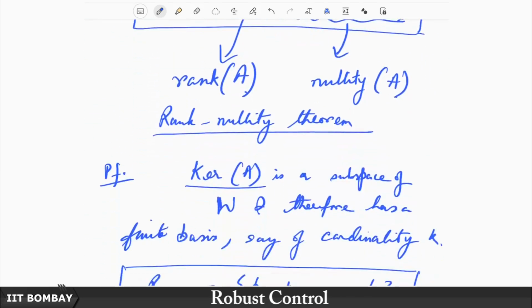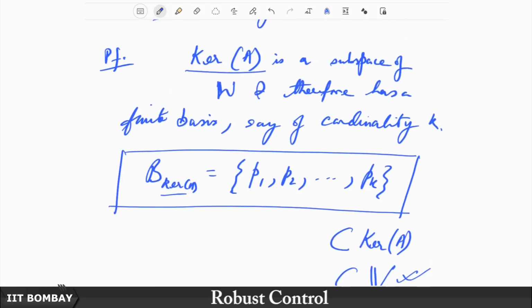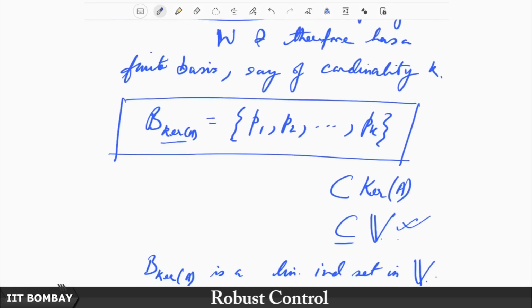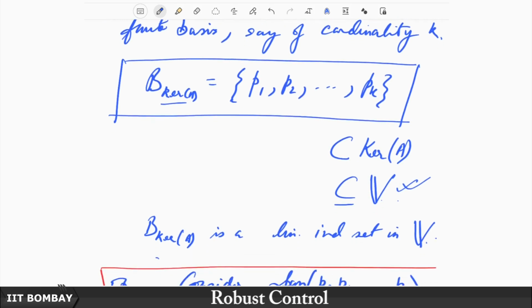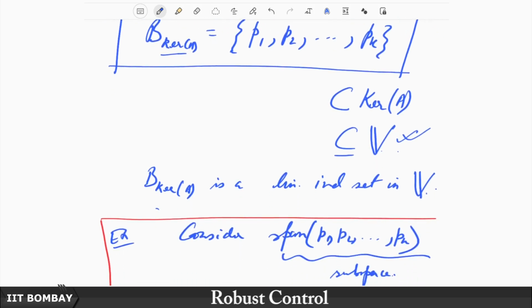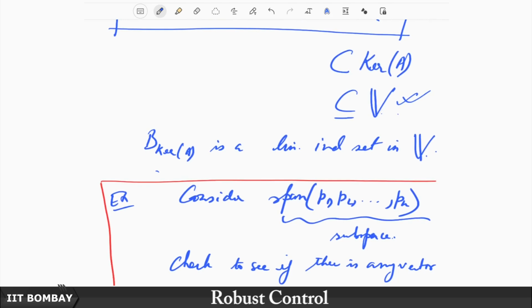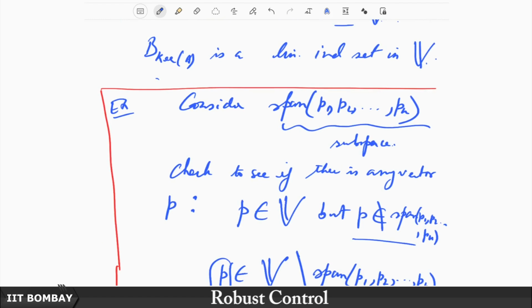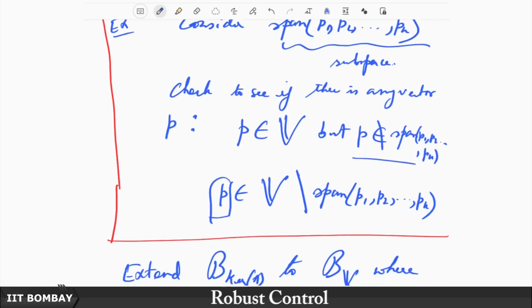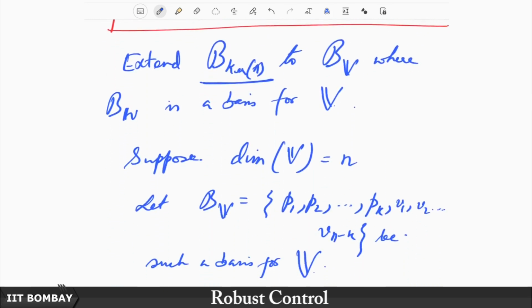So therefore, to catch a breath and to reaffirm this, the kernel has a basis P1 through Pk, and therefore it is also a linearly independent set in V. Because it is a linearly independent set in V, it can be extended till we obtain a basis.